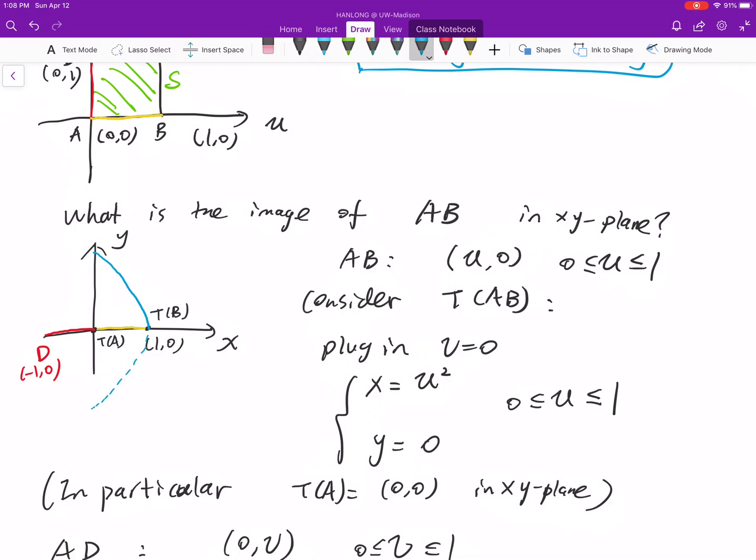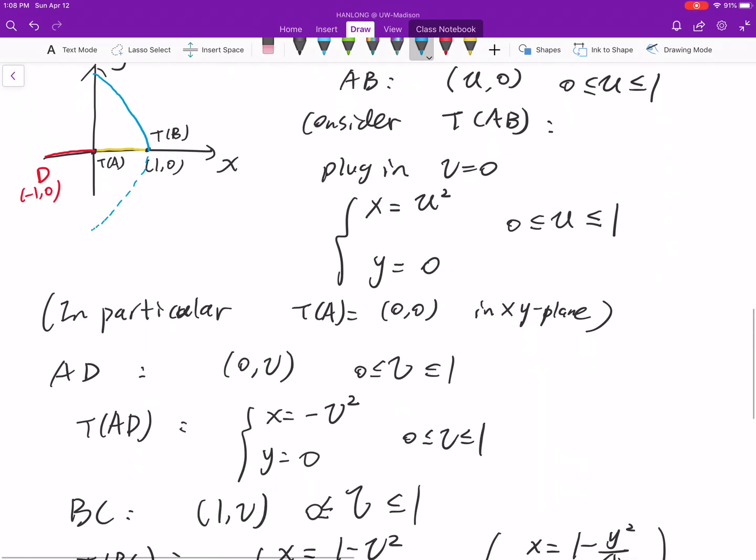I draw a dashed line here, because later on you will find we only take a part of it. I will show you later.